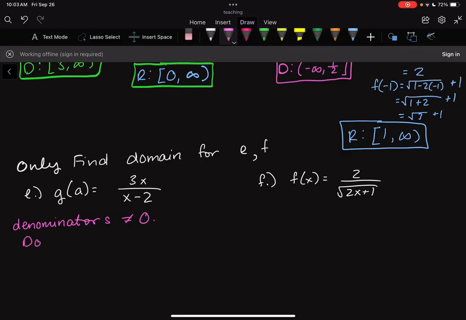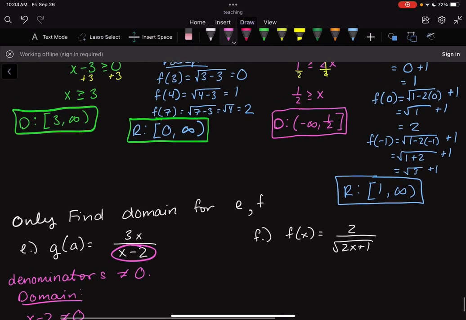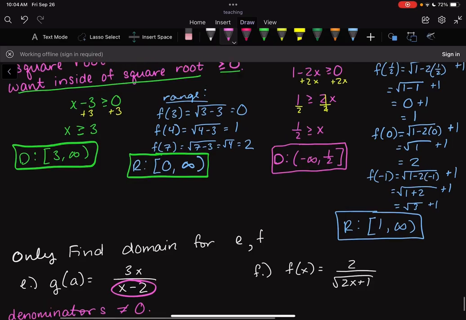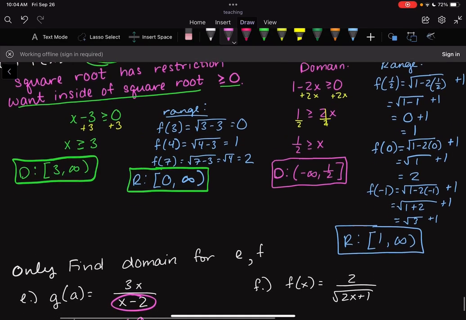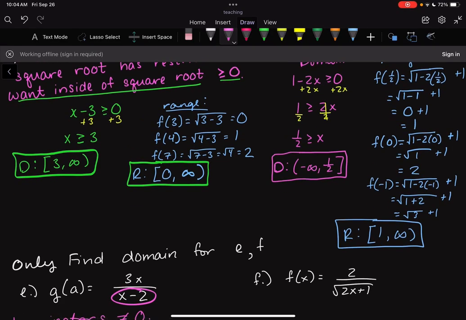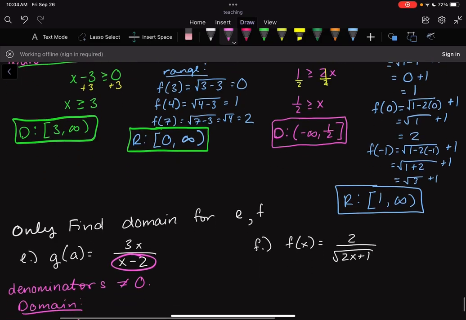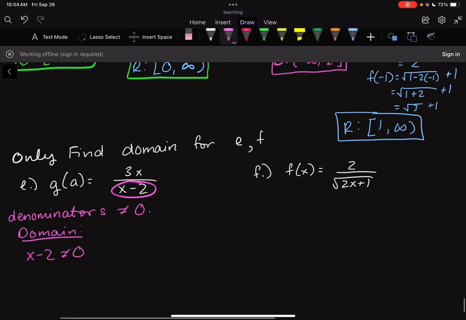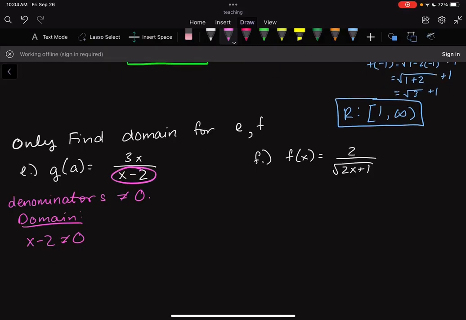So when we find our domain, we're going to take what I call the problem area, which in this case is our denominator, and we're going to set it not equal to 0. So before, for the last 2 we did, the problem area was underneath the root. So I took the root, and it just needed to be greater than or equal to 0. For this one, my problem area is my denominator, and I just don't want it to be 0.